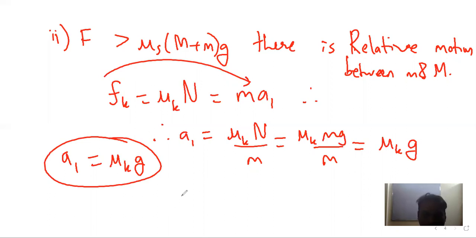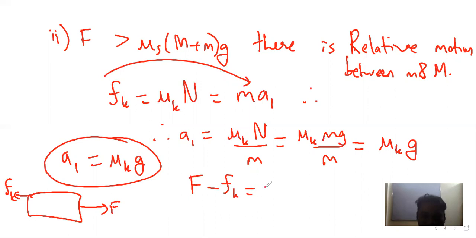For the second block, capital M mass, we have acceleration given by this equation. We have the forces on the second block, capital F. Kinetic friction will be in the backward direction. So capital F minus small f, kinetic friction, is equal to capital M, mass of the second block, into A2.